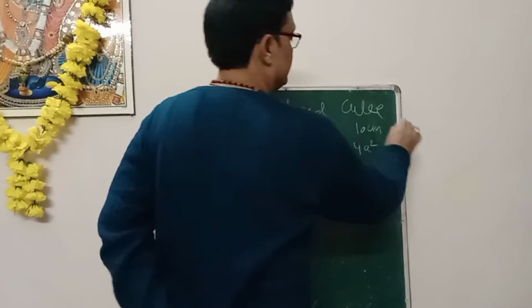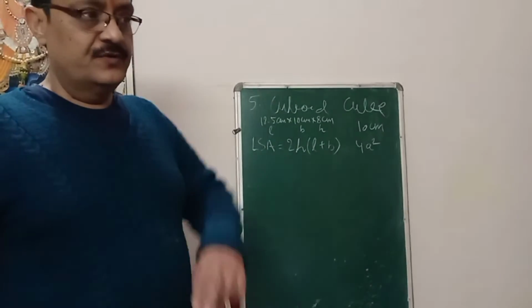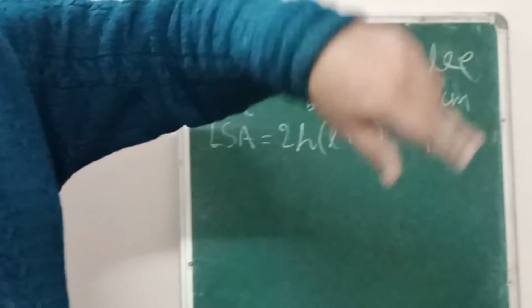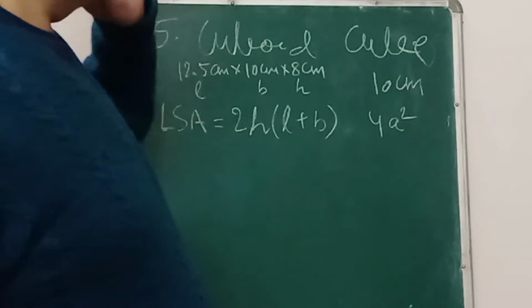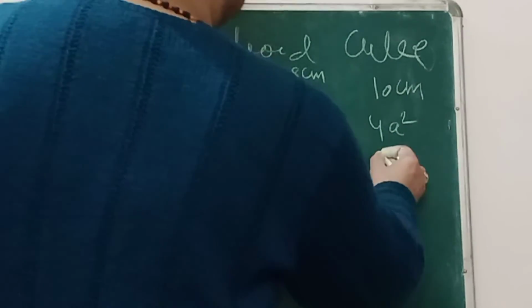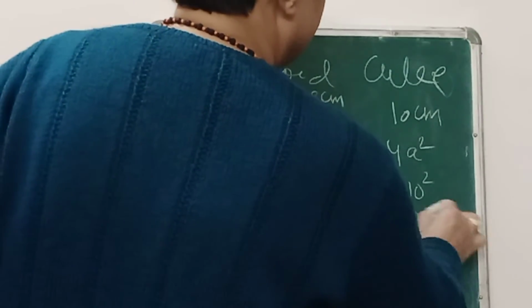4a square. Four squares, so area of 4 squares, 4a square. Here, it is 4 into 10 square, that is 400 centimeters square.